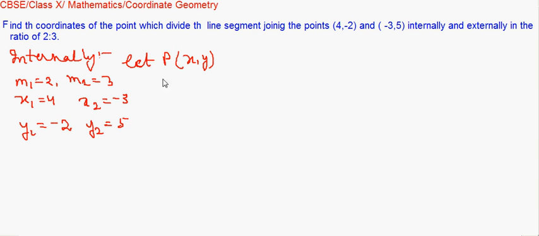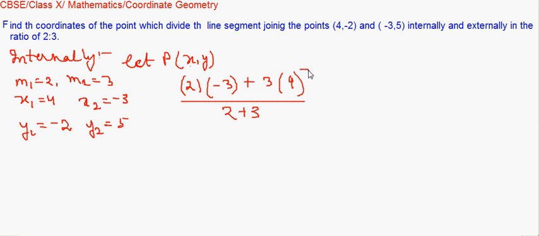Let us apply the formula to find the x coordinate. X was M1 X2 plus, if you recall, let us not write the formula again. Let me quickly substitute the values. So it is 2 is M1, X2 is minus 3 plus M2 is given by 3 and X1 is given by 4 by M1 plus M2, that is 2 plus 3.